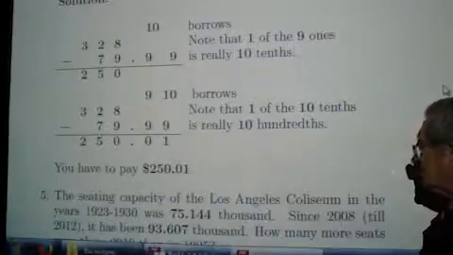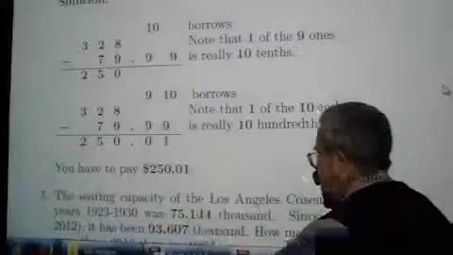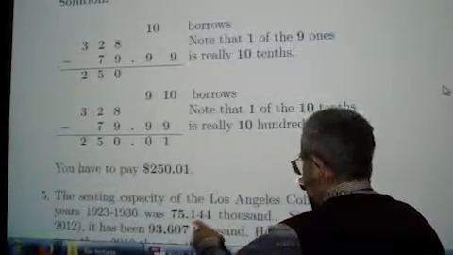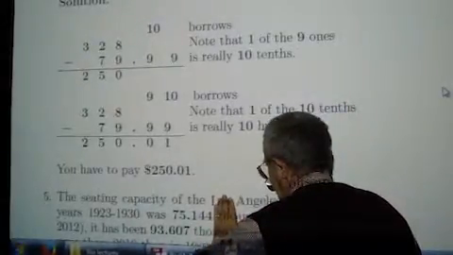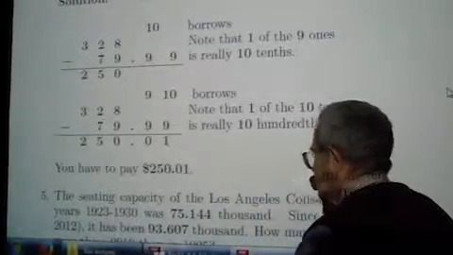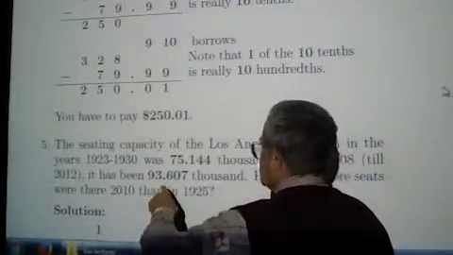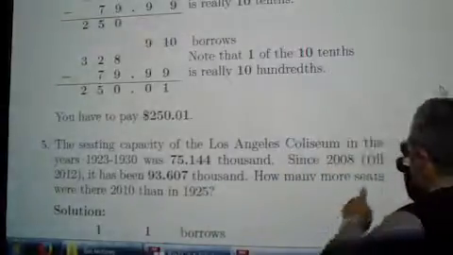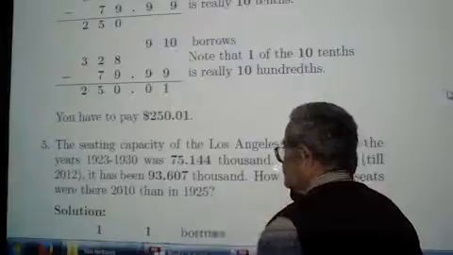Now the seating capacity in the Los Angeles Coliseum in 1925, around there, was 75.1 for 1,000. It's really 75,141, but I made the thousand the unit. And recently, it has been 93.607 thousand. How many more seats are there in 2010 than there were in 1925?